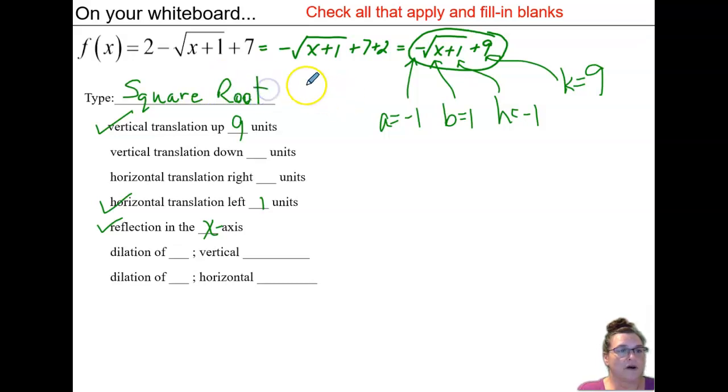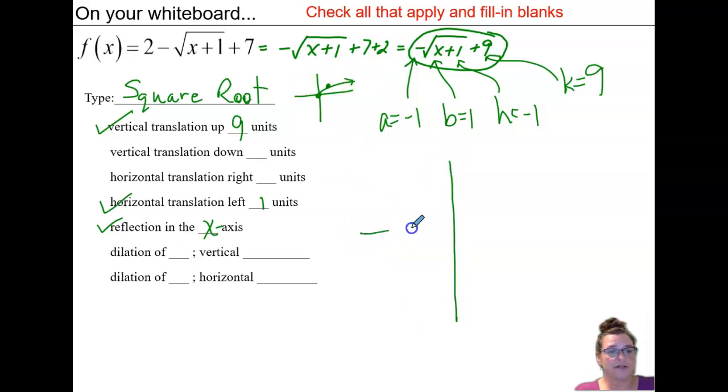And if you recall, the parent graph of the square root function passes through 0, 0 with its endpoint, then 1, 1, and then goes off to make the top half of a sideways parabola. So to sketch that graph using the transformations, instead of our endpoint being located at 0, 0, we have to go up 9 and to the left 1.